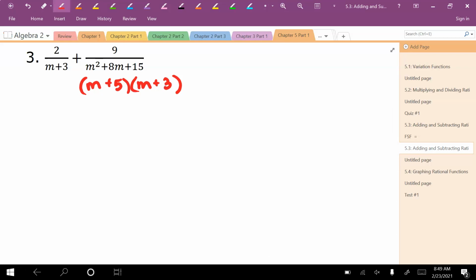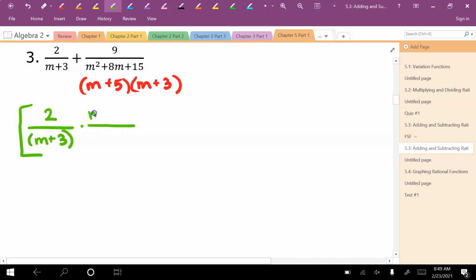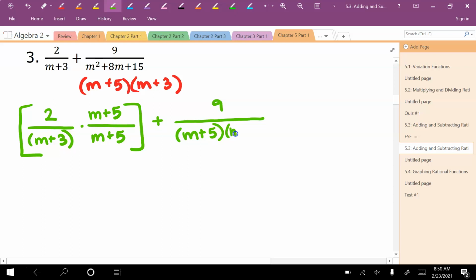Okay, so the first one doesn't have m plus 5, so you have to take that first one times m plus 5. Okay, if you want, go ahead and take a second here, try to finish out this problem, and see what you get for an answer.